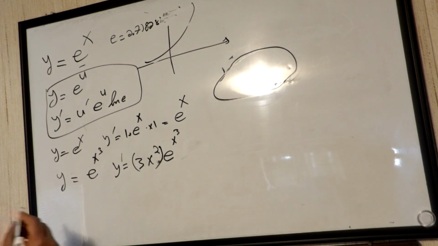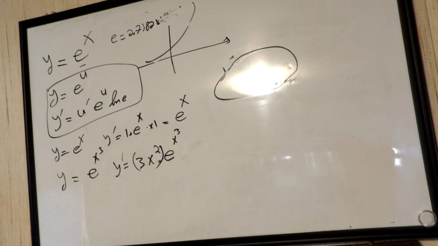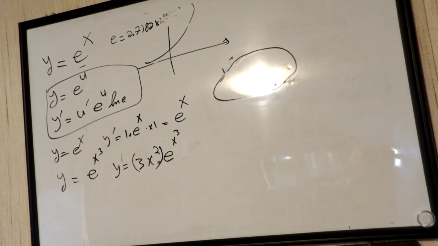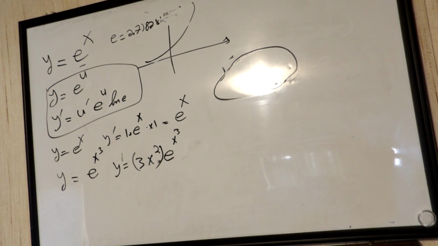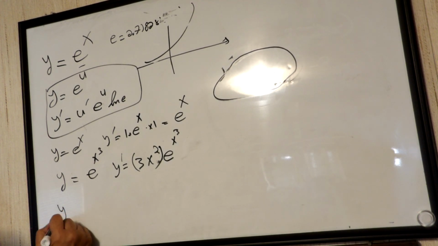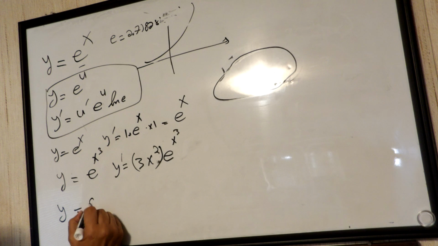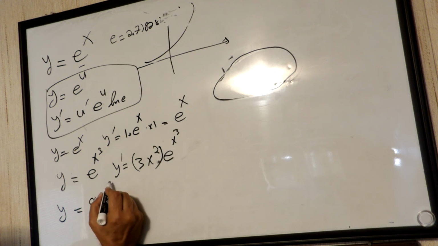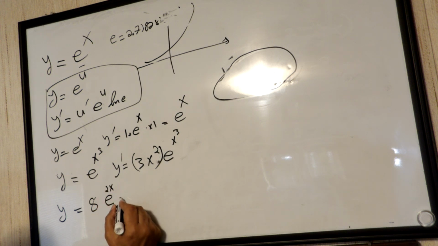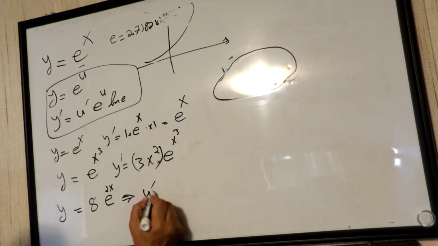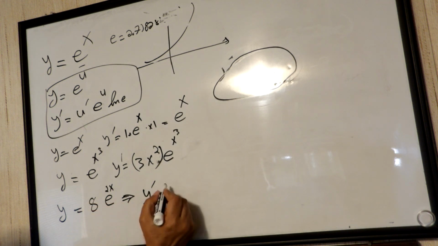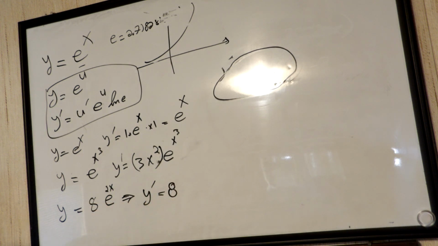So we can write another example. Y is equal to 8 e to the power of 2x. What is going to be the derivative of this? The constant, we always write the constant.